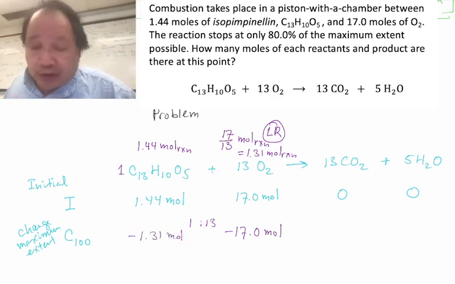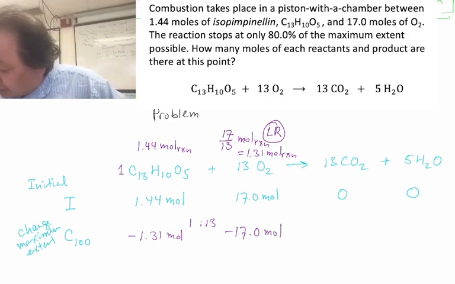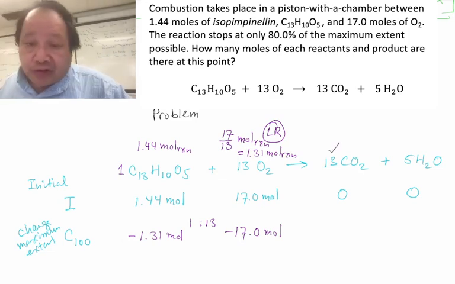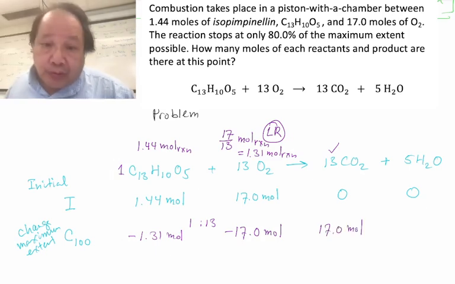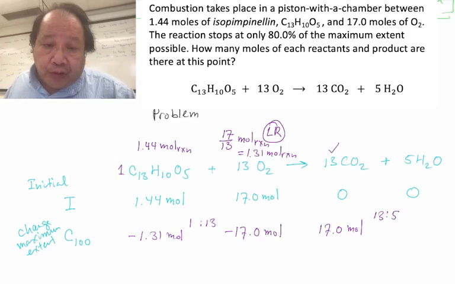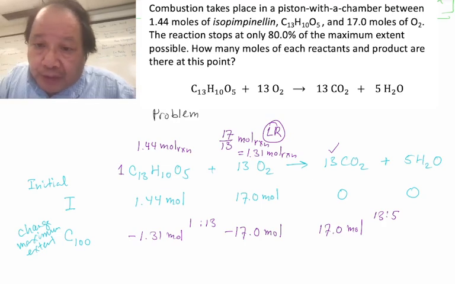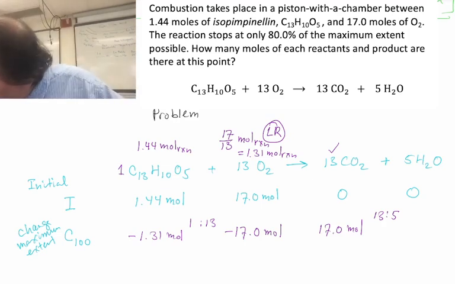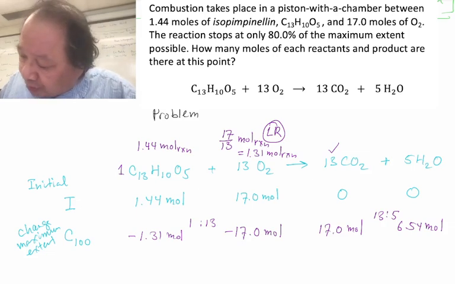Minus 1.31 is minus 17 divided by 13. If we use up 17 moles of O2, since the coefficient of CO2 is also 13, we make 17 moles of CO2. The ratio of H2O to O2 is 5 to 13, and therefore we take 17 and multiply by 5/13, and we get 6.54 moles. That's what would have happened if the reaction had gone to the maximum extent possible.